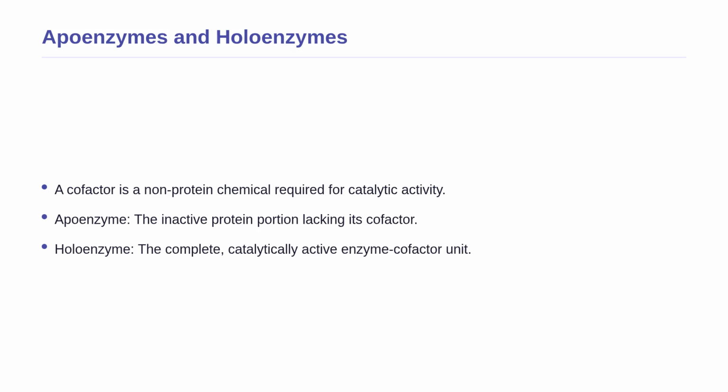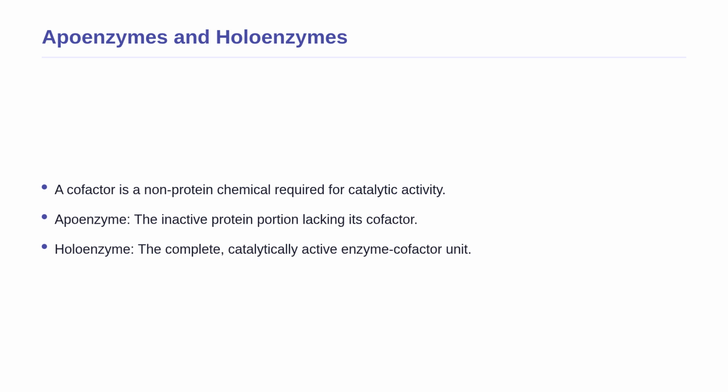Now that we have our flashlight analogy in mind, let us look at the formal biochemical definitions. An enzyme cofactor is defined as a non-protein chemical compound, or sometimes a metallic ion, that is strictly required for an enzyme to function. When the enzyme is missing this cofactor, it is inactive, and we call this empty protein shell an apoenzyme.